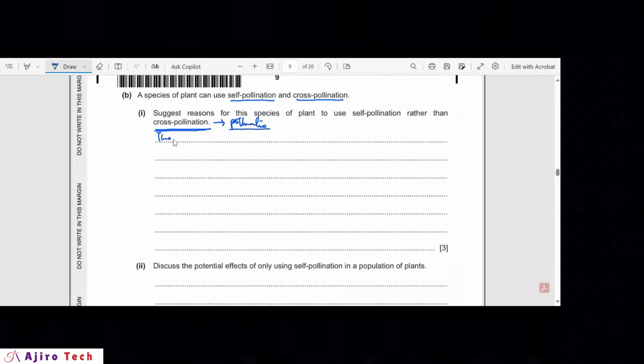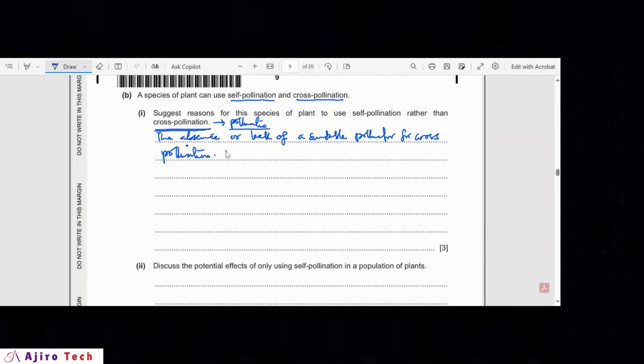So the absence or lack of a suitable pollinator for cross-pollination can make the plant depend only on self-pollination.